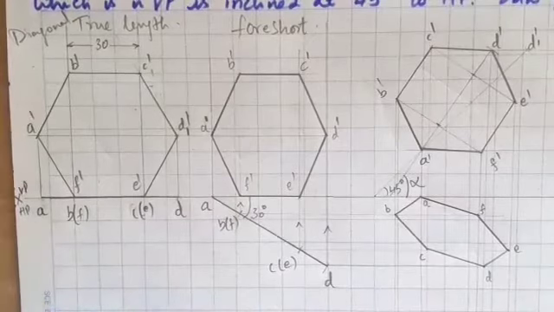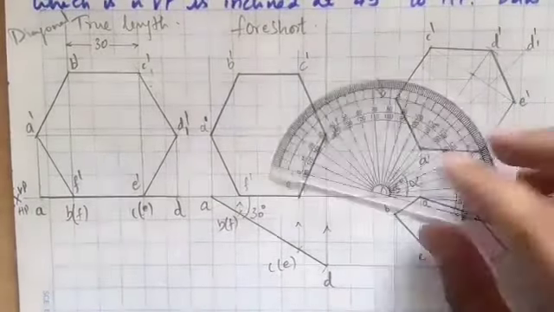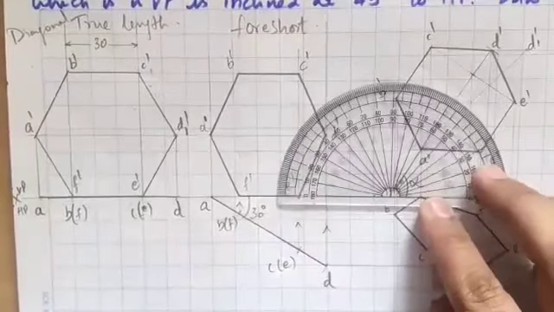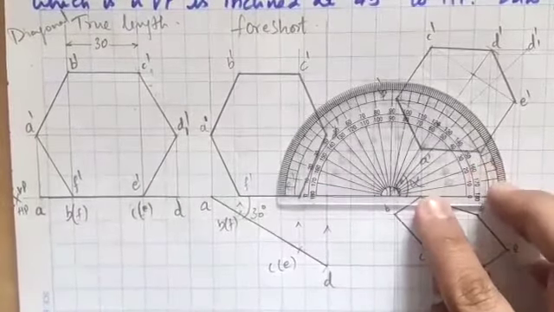If anybody has constructed before completing these two views, we'll get the alpha. Can you tell me how much alpha is, if you have measured it?